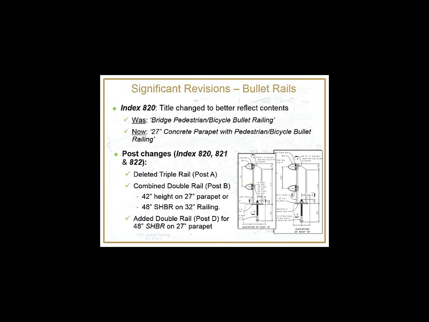And then we used to have a post B1 and B2 to address heights on other concrete foundations, and we were able to consolidate those 2 into a single post B, which will address 2 separate configurations depending on whether it's a concrete parapet or a 32-inch traffic railing. We also changed the title on Index 820 just to be consistent with some of the other indexes, which should make everything a little more clear.